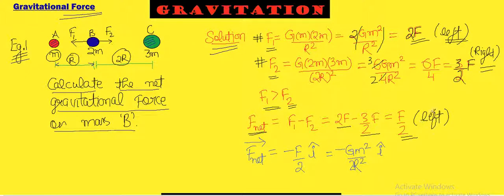So when we write this in vectors, I will write net force as minus F by 2 i cap, where the minus indicates the minus direction. Our final answer will be minus Gm square by 2r square i cap.